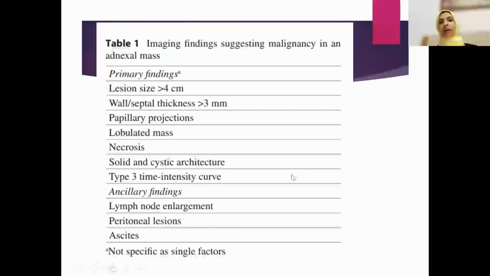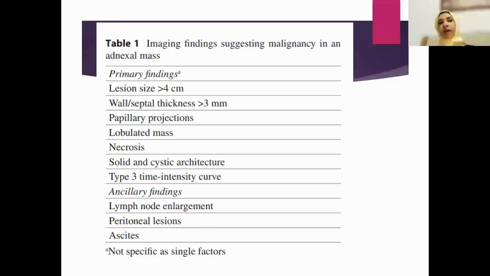If a lesion is larger than 4 centimeter, has septal thickening which is more than 3 millimeter, any papillary projection, any enhancing soft tissue component, or any associated findings like presence of ascites, peritoneal nodules or lymph nodes, these are all suspicious findings.